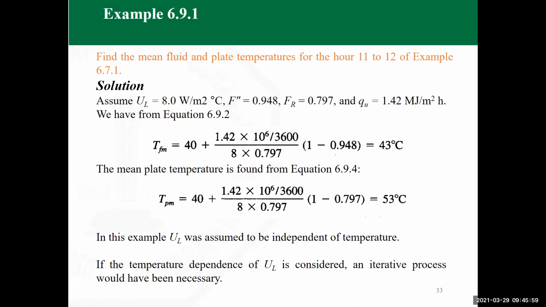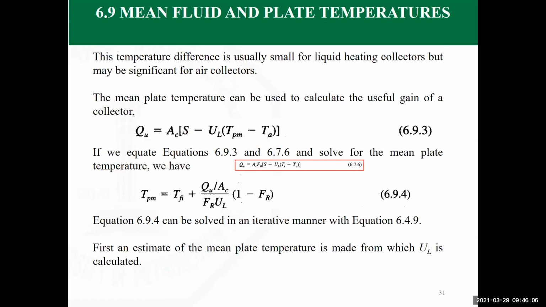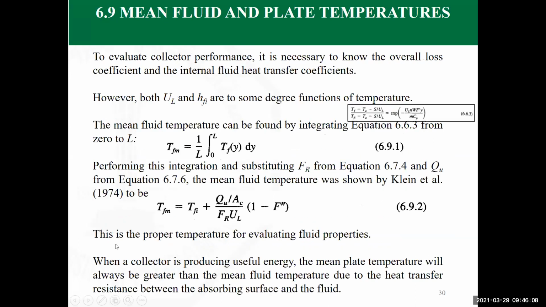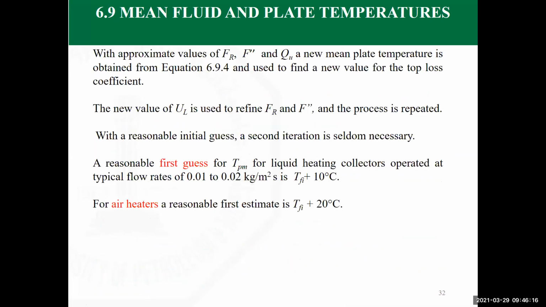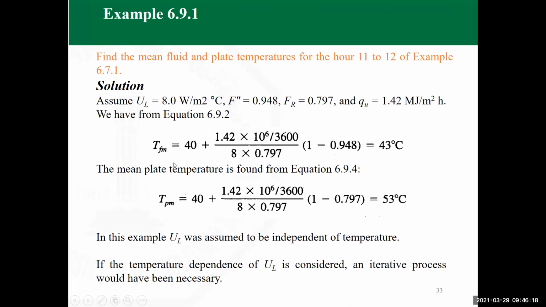If we substitute that in equation 692, you can get the value of T mean. 692, to remind you, is the equation that provides us with the mean fluid temperature. As you can see here, it's given as a function of the inlet fluid temperature. And doing that, you can get the value of T mean as 43.